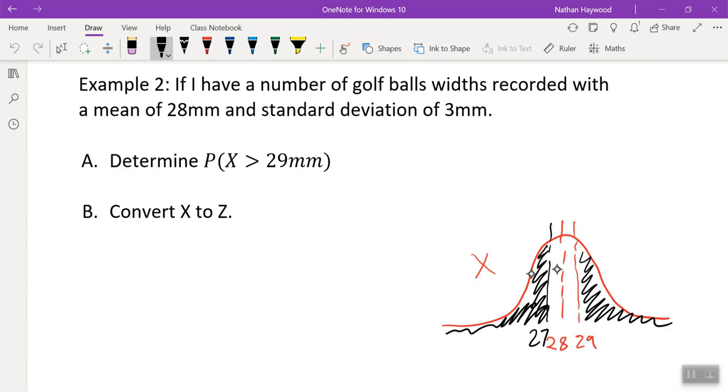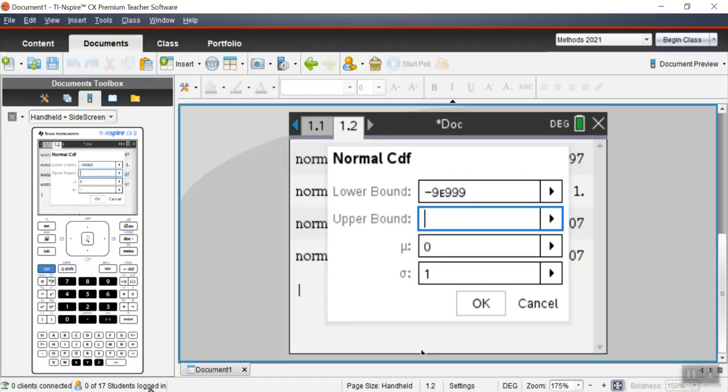So this area should equal that area. Does that make sense? Up to 27. We have a standard deviation of 3. So we can just put that into the calculator, can't we? 27, 28, 3.